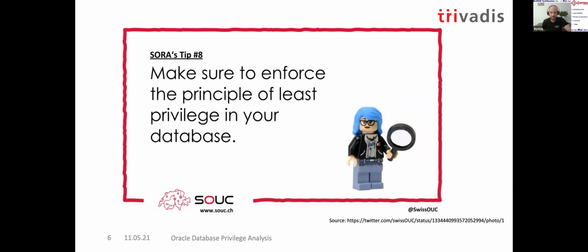Very often developers or administrators or software companies did something wrong because it was easier for them, and so we have to find out which privileges are really required by your application. And that's the topic of this presentation.